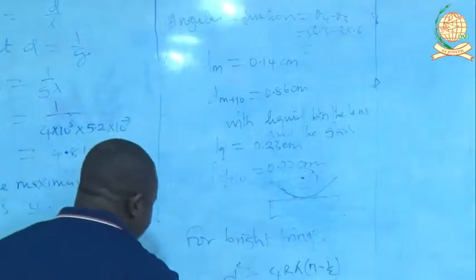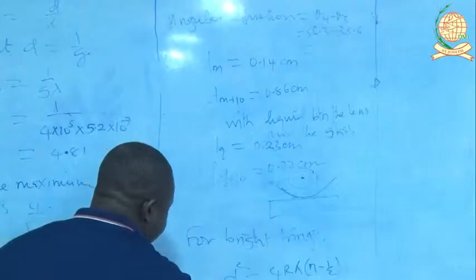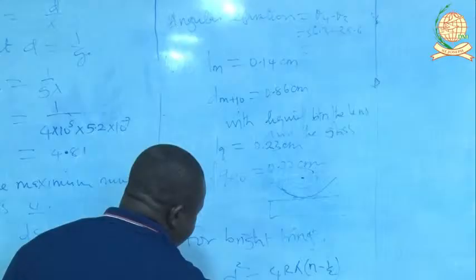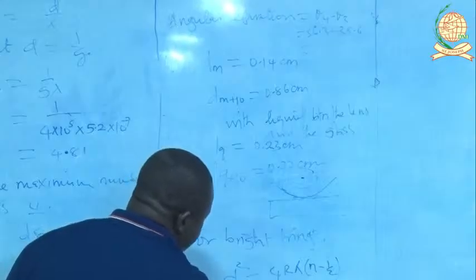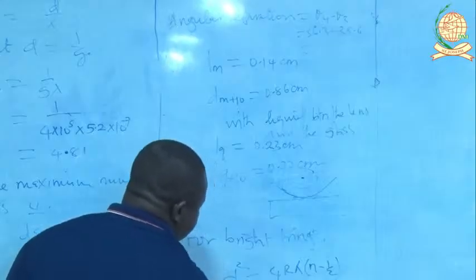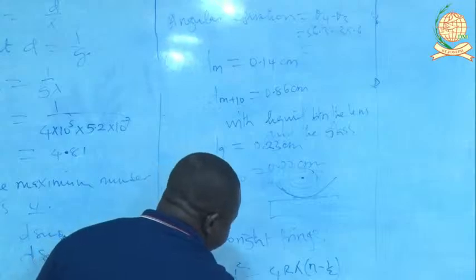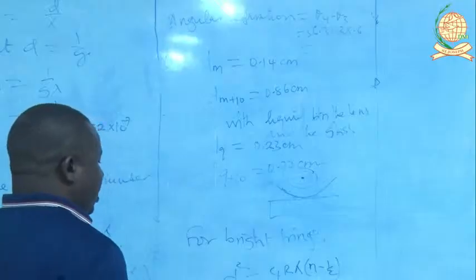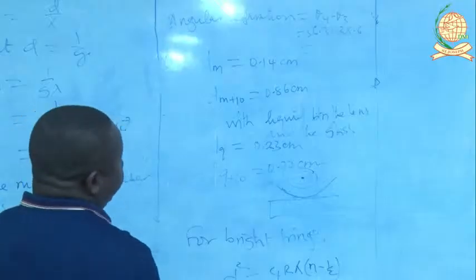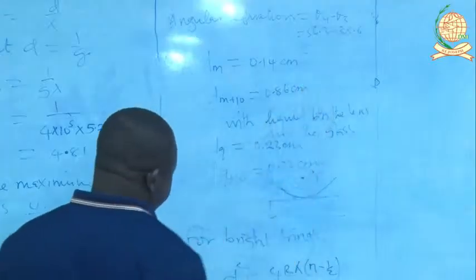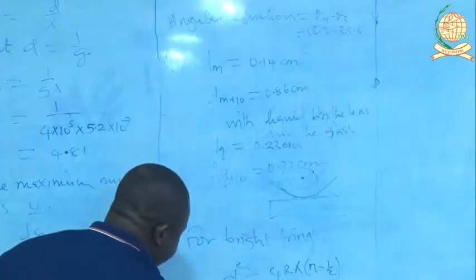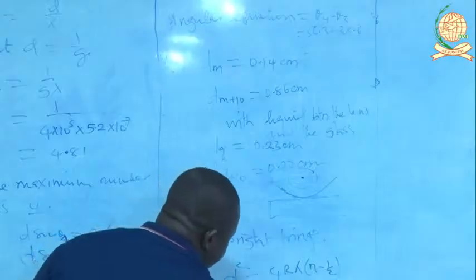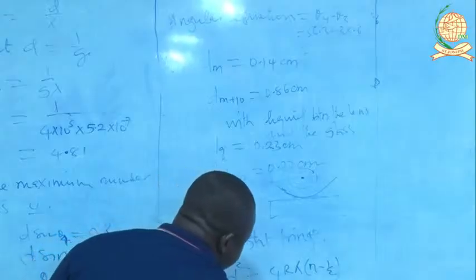Therefore, for dm, this square equals 2r lambda, this will be 2m minus 1. Here we have been given dm equal to 0.14. So 0.14 square equals 2r lambda bracket 2m minus 1.